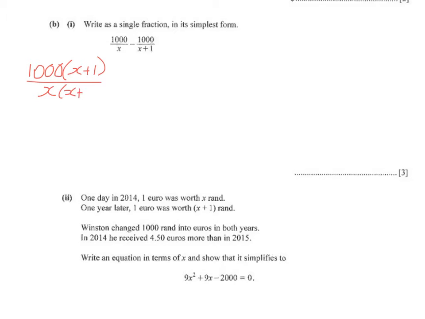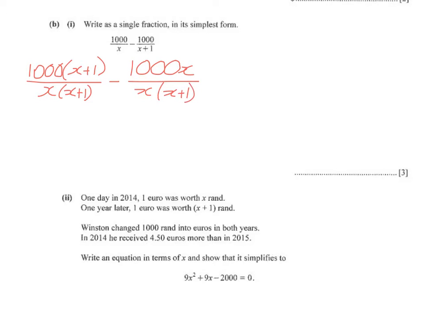If you multiply the numerator and the denominator by the same amount, it doesn't change the size of the fraction. It's like a half, the same as 2 over 4. Then if I multiply the fraction on the right by x, and again we're not actually multiplying by that, I'm just changing it to an equivalent fraction, which has now got the same denominator.